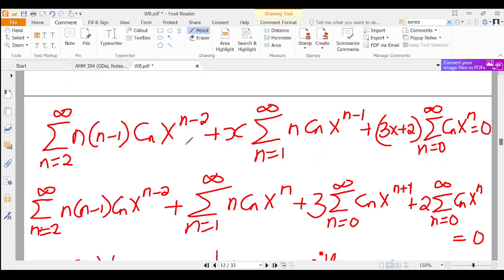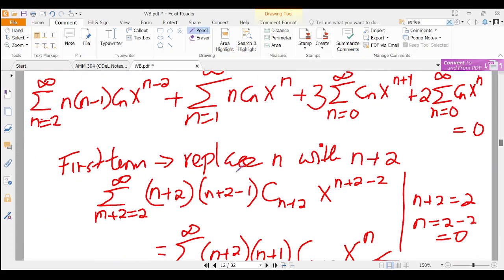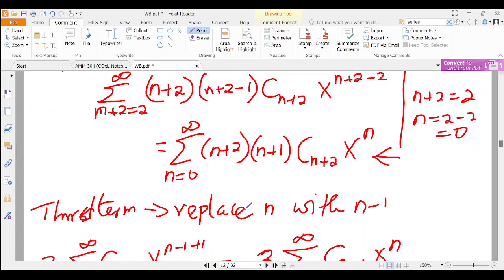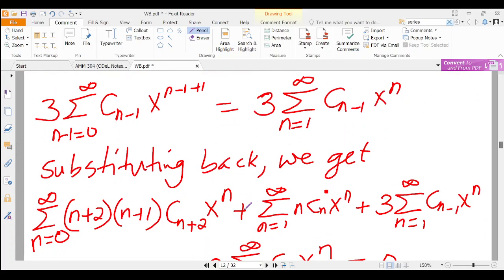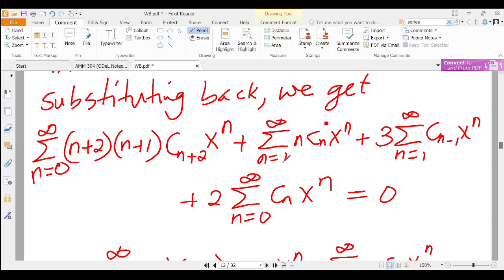When we substitute back, ensure that the powers of x are the same in all the terms by using a suitable substitution, as we have done here. Then the next thing is to ensure that the summation limits are the same for all the terms in the summation.